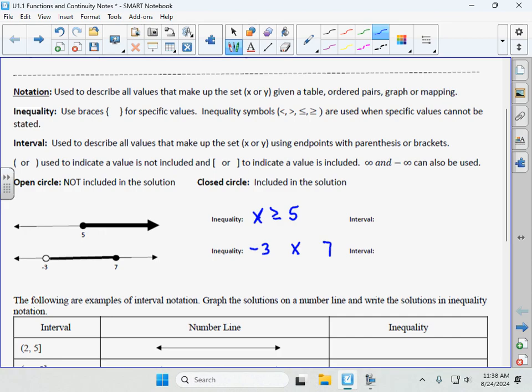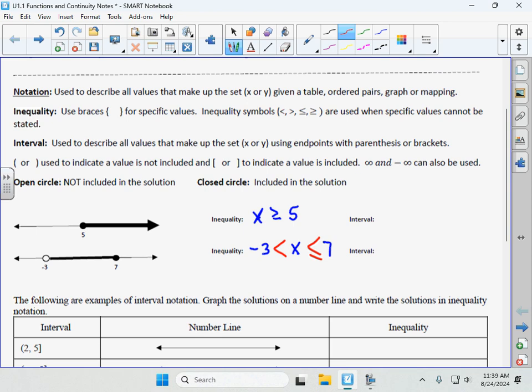Now the inequalities you put in are always going to face to the left, or less. Because -3 has an open circle, -3 is not included, so we leave it without the equal sign. And 7 has a closed circle, so it is included in the solution, so we use the less than with an equal sign.